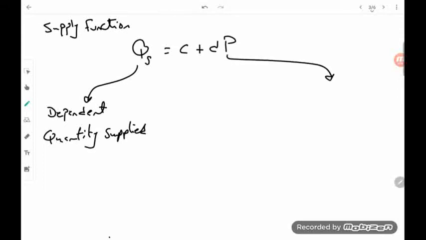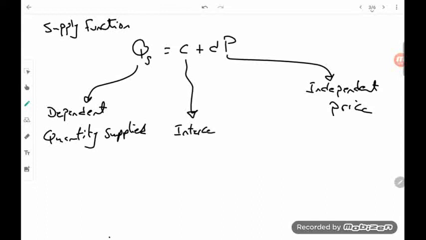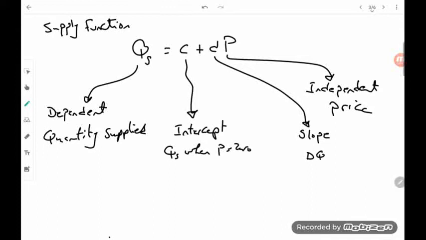P is the independent variable, which is the price. C is the intercept, which is the value of QS when price equals 0. D is the slope, which is the change in quantity supplied due to a change in price by 1 unit. And the positive sign stands for the positive relationship between price and the quantity supplied.